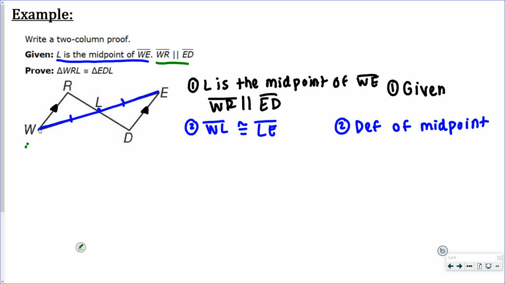So again, if it helps you to kind of extend these lines a little bit, these parallel lines, and then you can see that blue side, the transversal, I'm looking for some angles inside the triangle that could be congruent. Anybody see a pair? Ben? W and E would be congruent. Good. Why? Good job. Angle W is congruent to angle E because they're alternate interior angles.